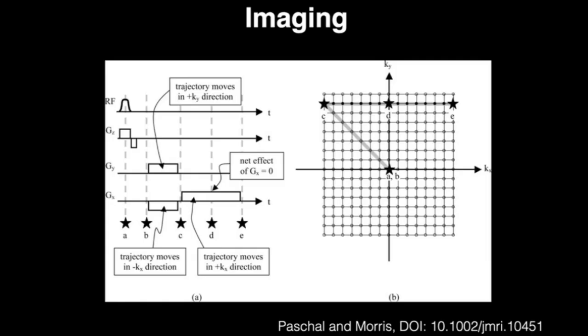So the first line here shows what's happening with the RF signal, the radio frequency system where you're injecting energy. At the very beginning, there is a little oval that represents playing an RF pulse, essentially injecting an RF pulse at your sample.